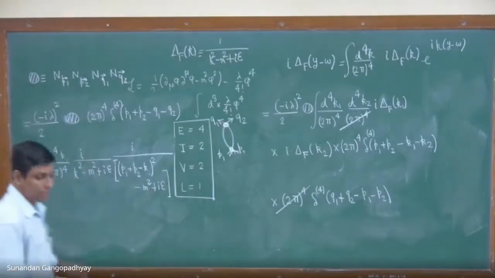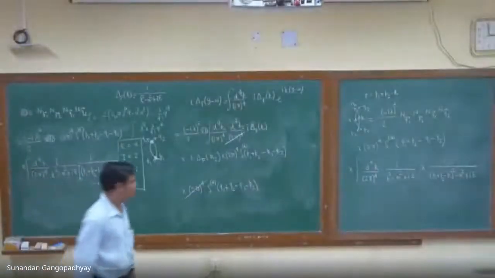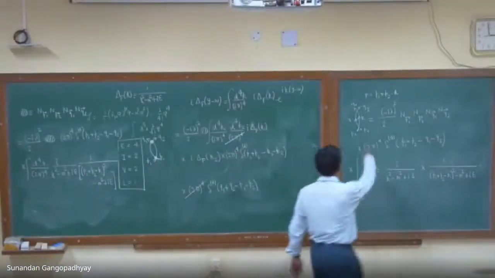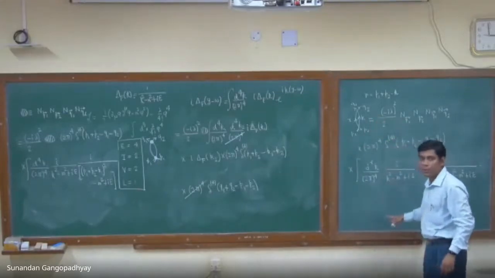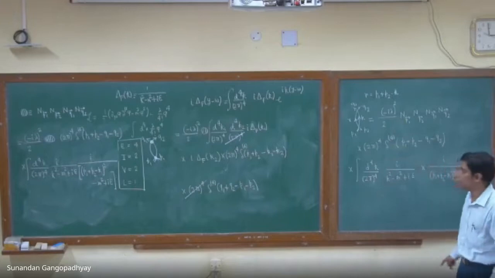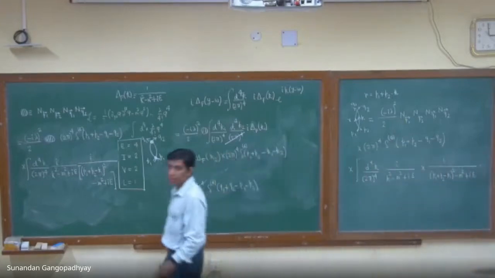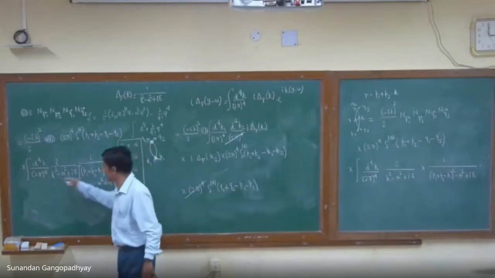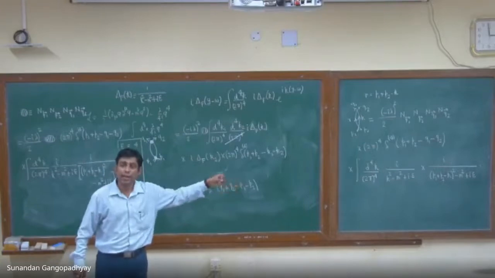And you can now easily see that the expression that I wrote down for the fish diagram in momentum space by using the momentum space Feynman rules, we have actually derived from the expression in position space by Fourier transforming. This exactly corresponds to the expression that is written down directly without calculating anything.